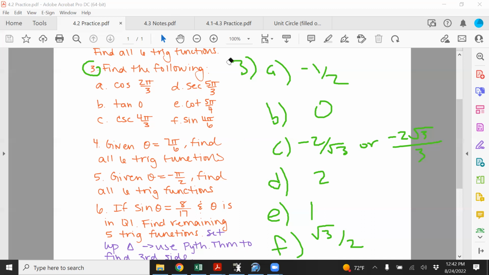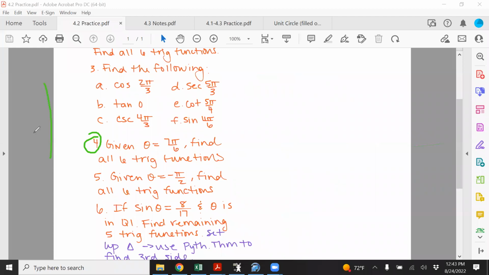Okay. For 4, let's look at 4. So you've got 7 pi over 6. 7 pi over 6 is going to be over here. Where are the coordinates there? Let me erase the board.